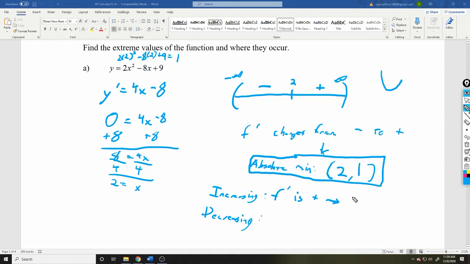And so that's going to be from 2 to positive infinity here. We're decreasing whenever f prime is negative, because remember, f prime being negative means we have a negative slope. So that's going to be negative infinity to positive 2. So we are decreasing up to 2, and then at 2 we hit our minimum and then start increasing. That's the information we can get from this derivative.